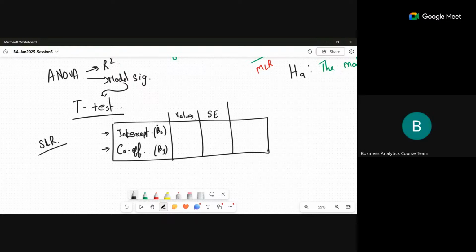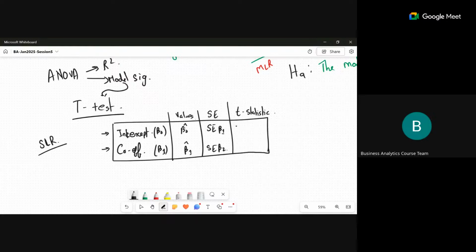Why? Because they are estimates. This value is the estimate for beta 0 hat. This value is the estimate which is beta 1 hat. Each of them will have a standard error, for beta 0 and for beta 1. After this is where you will have the t statistic.